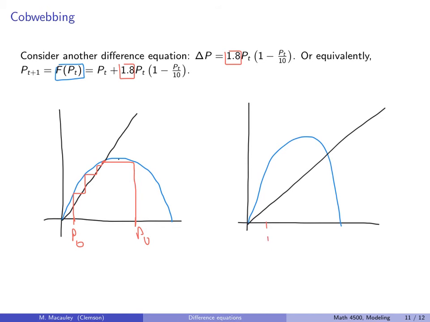Let's suppose that P0 is there. So let's go up to the blue curve, over to the black, up to the blue, over to the black, down to the blue, and look what happens. Now it's black, blue, black, blue, black, blue. It's not even clear what's going to happen. So is this ever going to converge to this point or not?